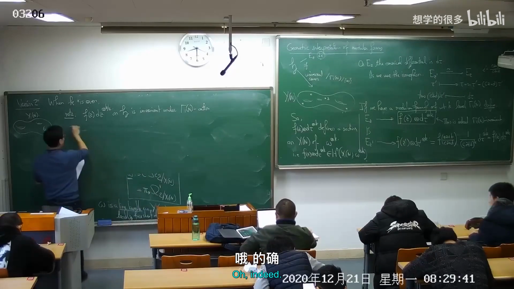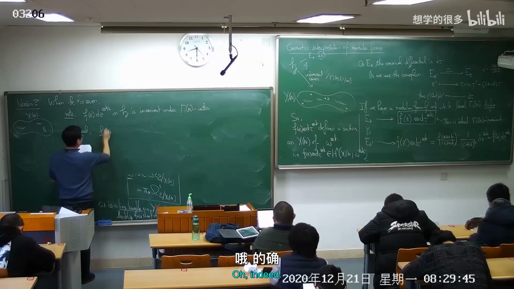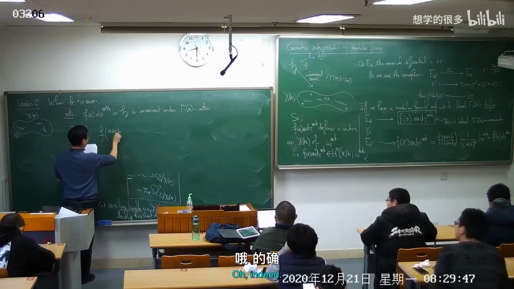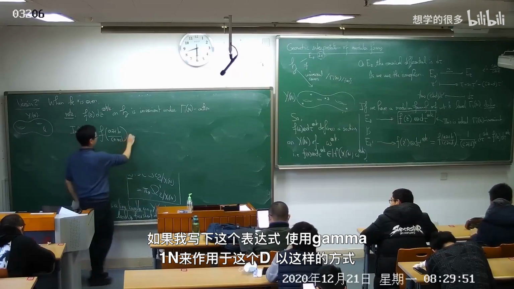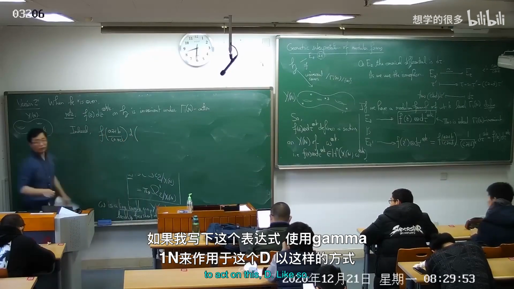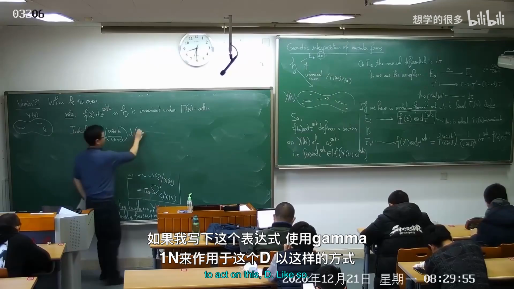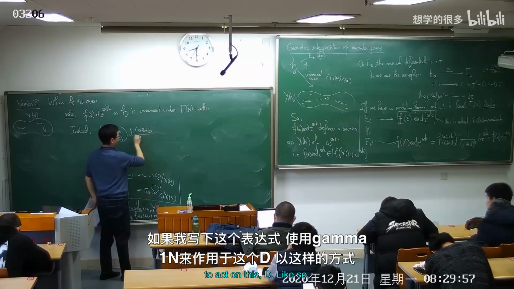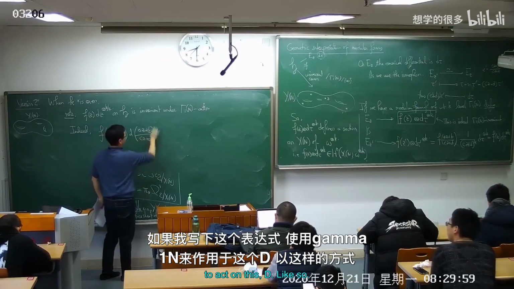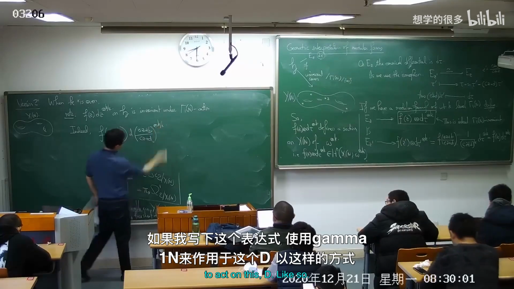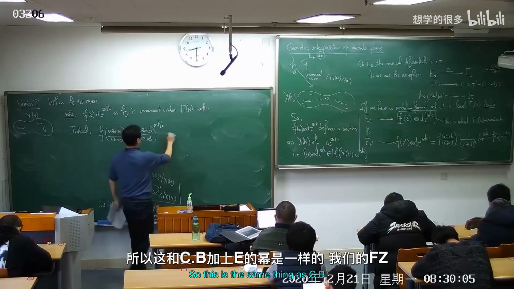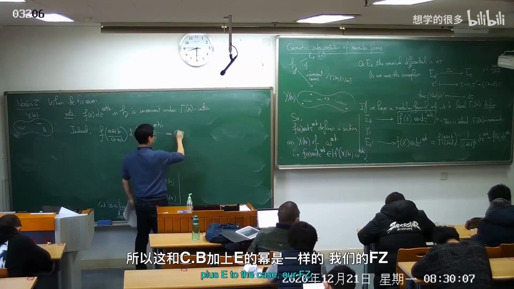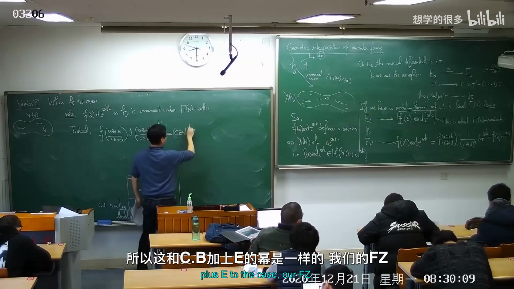Well, indeed, if I use gamma 1(n) to act on this z, this is the same thing as (cz+d) to the kth power F(z).